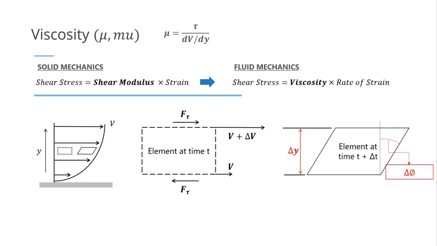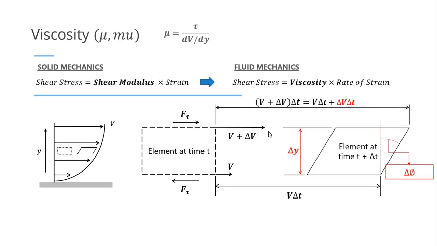After some time delta t, the rectangular element has moved and been deformed with side inclined at an angle delta phi with respect to vertical. The distance moved by the bottom surface after some time delta t is v multiplied by delta t.